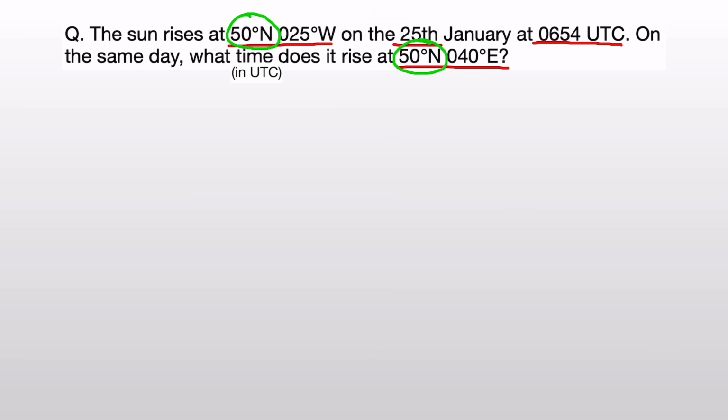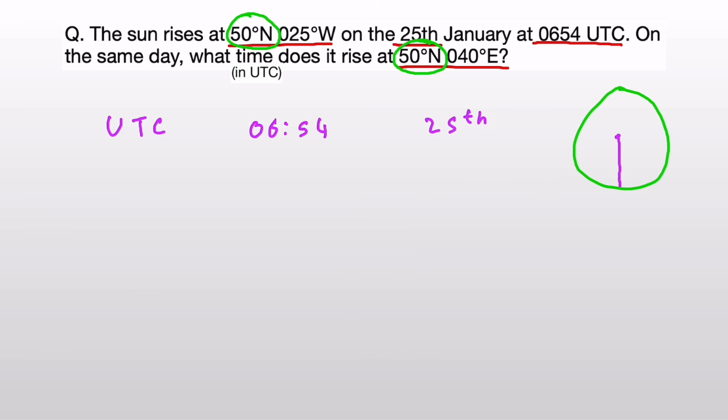We have the time in UTC at which the sunrise was experienced at 25 degrees west longitude. So UTC is 0654 on 25th. Okay, so I have the UTC. Can I find the local mean time? Yes, I can. So what will be the hour angle? This is the Earth, Greenwich meridian, 0 east west.